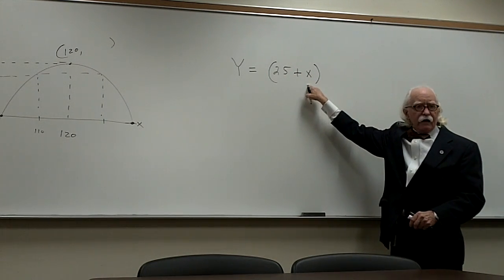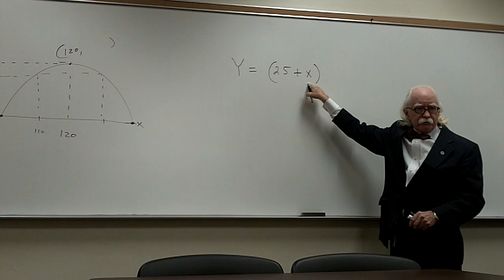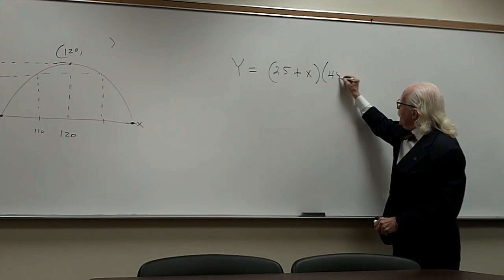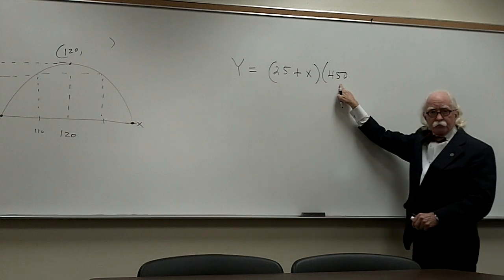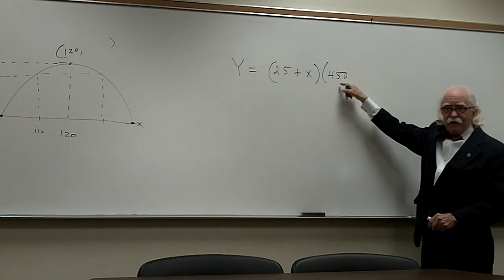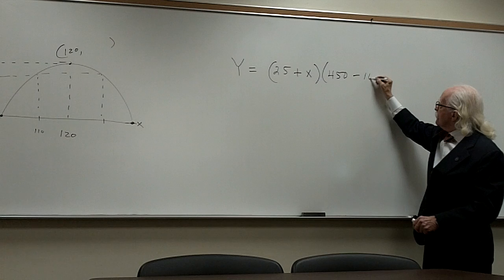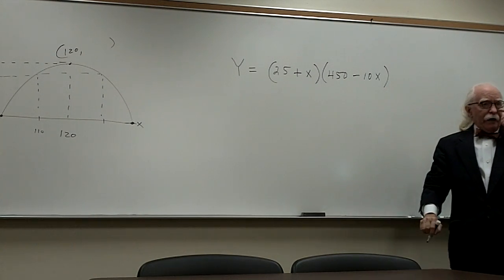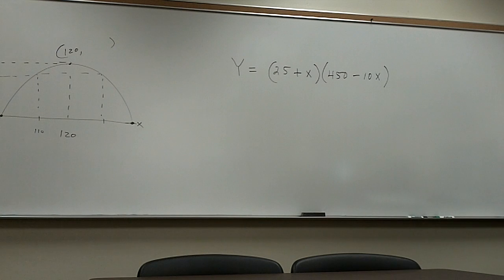I don't know exactly how many more, but I have now 450 apples per tree, but that means I've got to take away 10 times the number of trees that I plant. Look at the problem, you all. What does that problem look like? It's a binomial times a binomial, so multiply it out now. Multiply.